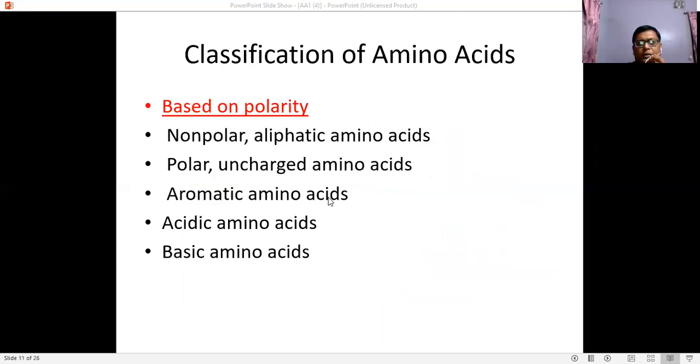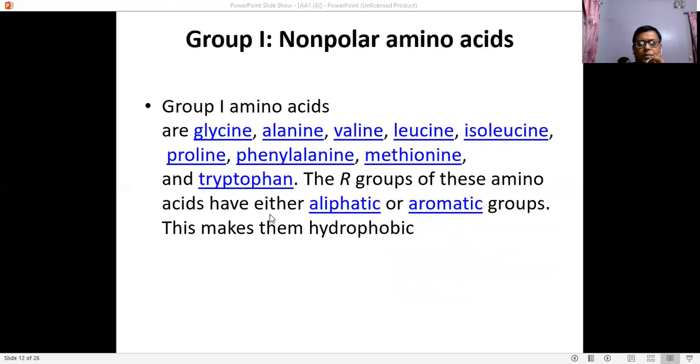Now classification of amino acids based on polarity. There are 5 types of amino acids: non-polar aliphatic amino acids, polar uncharged amino acids, aromatic amino acids, then acidic amino acids, and basic amino acids. So group 1 is non-polar amino acids.